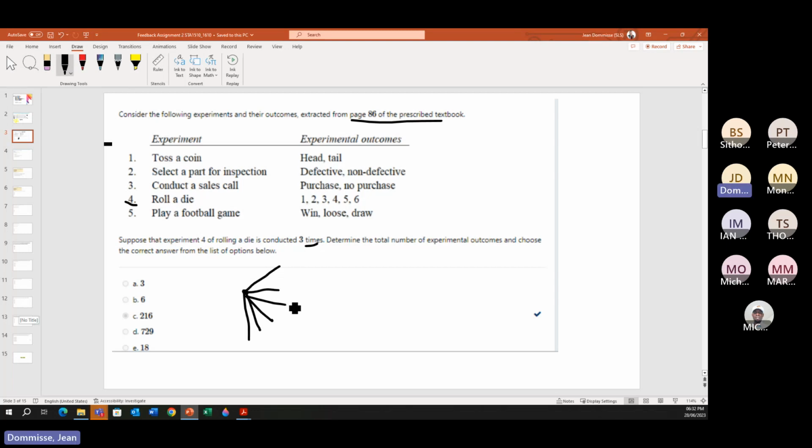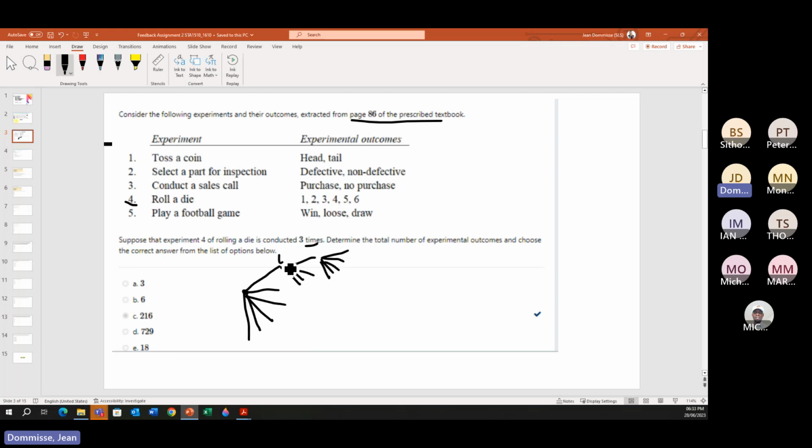Okay, so I've got 1, 2, 3, 4, 5, 6. And then you roll the dice again. There's 6 of them, and then you roll the dice again. So there needs to be 6 of them.